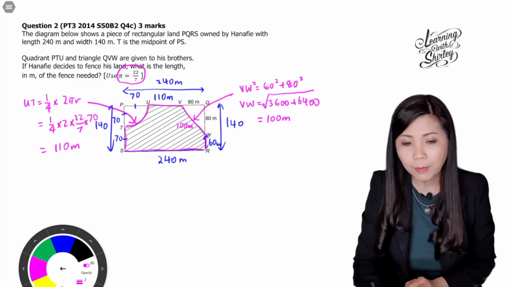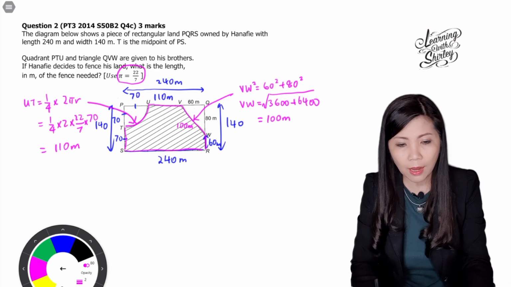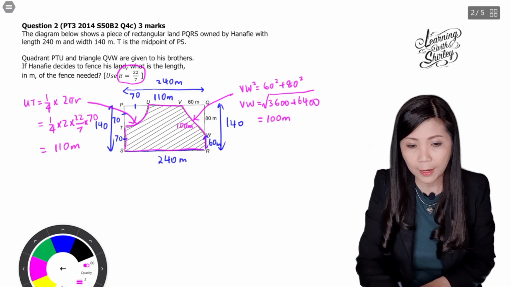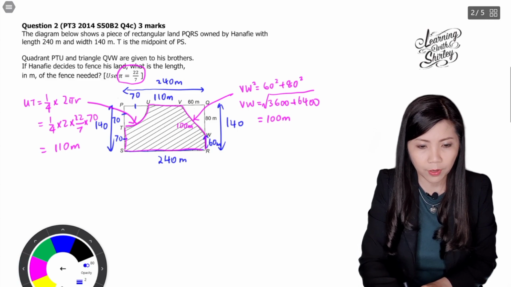Now we have all the sides already. We can add them up to find the length of the fence needed. So this is the perimeter. I'm going to write it here.